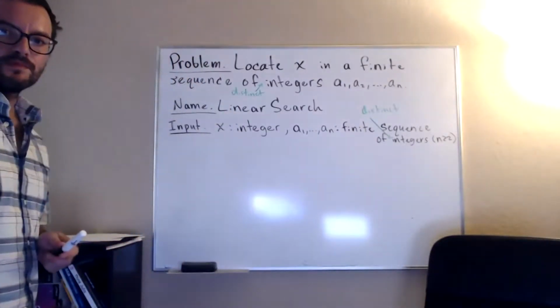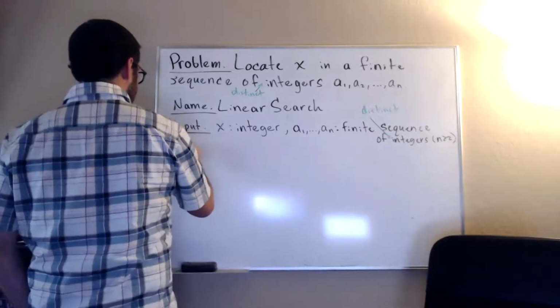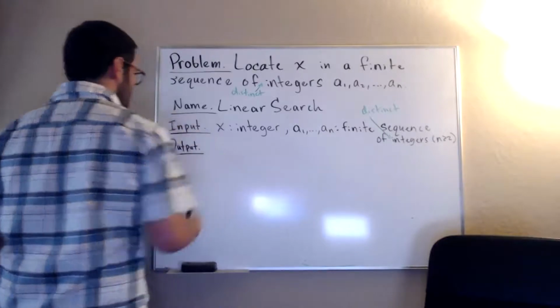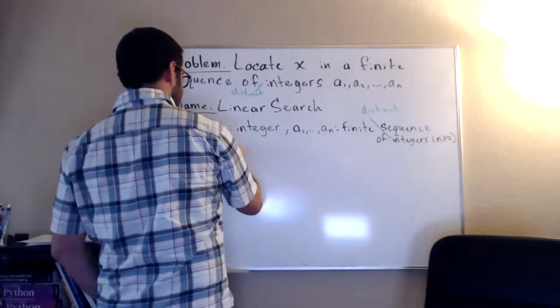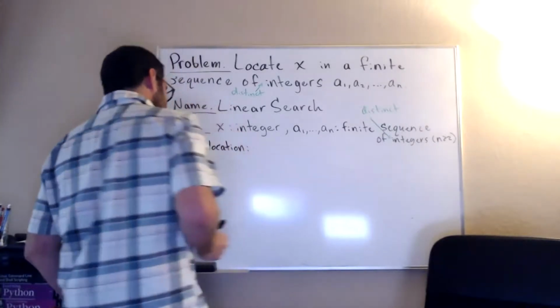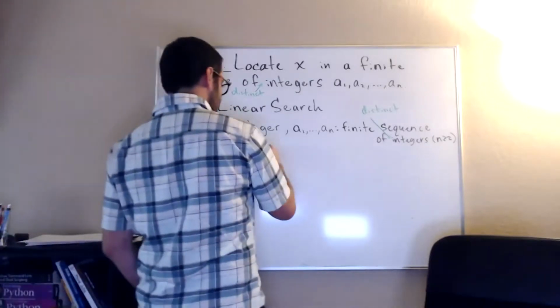Okay. And then our output is going to be, let's say, call it location. And this will be an integer.